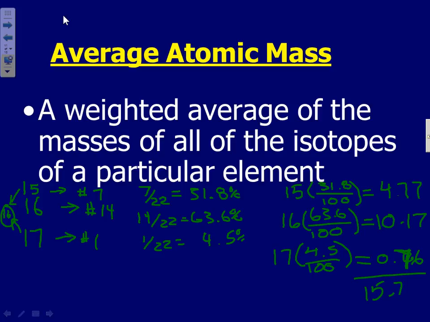If we look at hydrogen, and we remember the fact that hydrogen's made up of naturally 1 and 2, and the weighted average is 1.00794, what does that tell us about the relative amounts of the 1s versus 2s in hydrogen? My average is 1.00 something something.